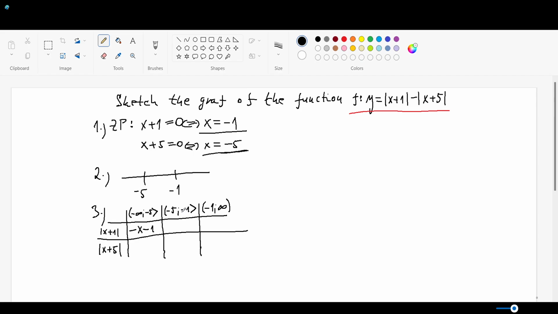I choose the number -4, so -4 plus 1 is again a negative number, so my expression will be -x minus 1. And the last interval is from -1 to infinity, which means the best idea is to take 0. So 0 plus 1 is 1, which is a positive number, so my expression must behave like this.